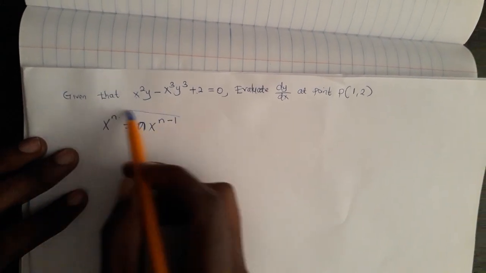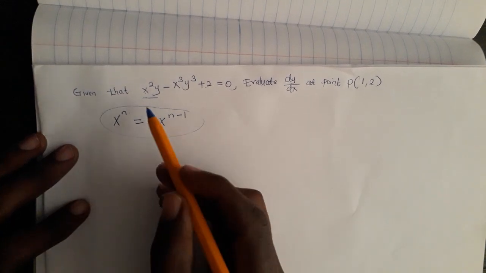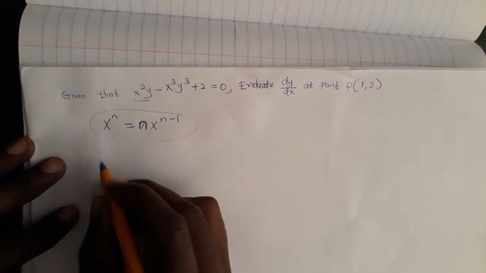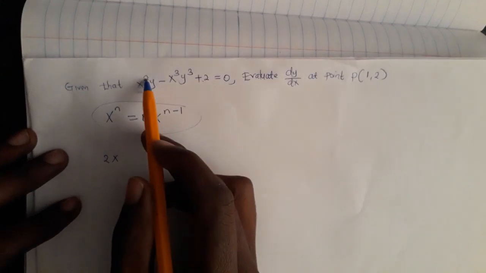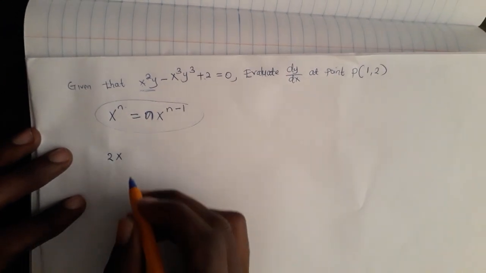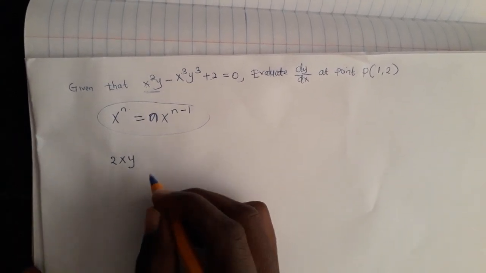So we are going to apply this to the differentiation of this one. Let us start to differentiate with respect to x. This 2 comes before x, so we're going to have 2, and then x power 2 minus 1, so we're going to have power 1. I'll just write it as that, and then y remains constant, it remains y, and then we add 2.